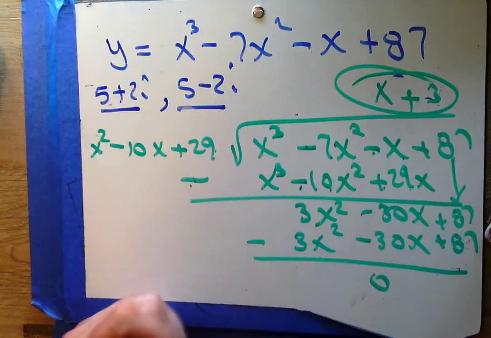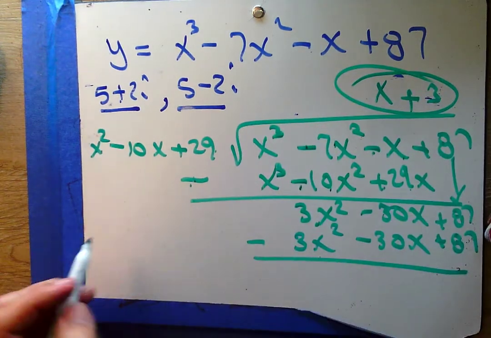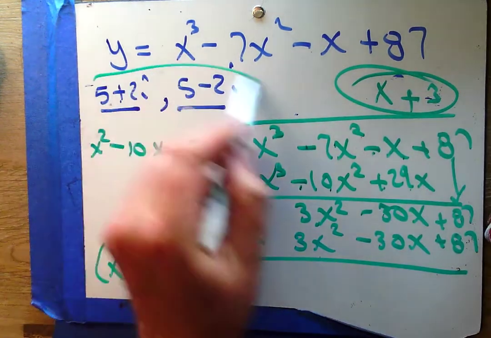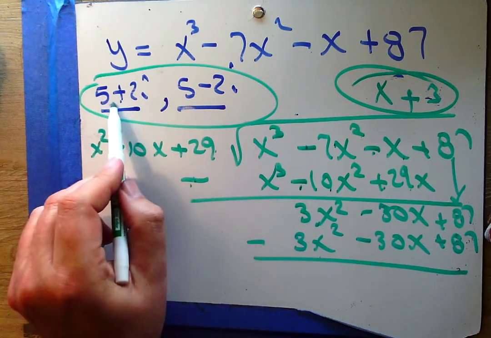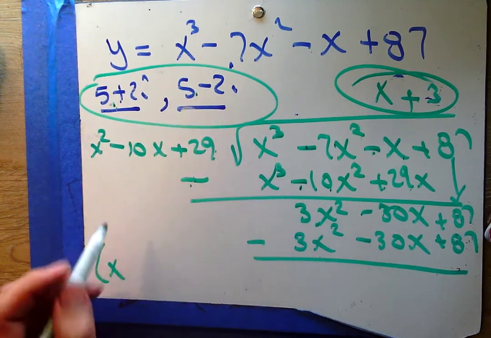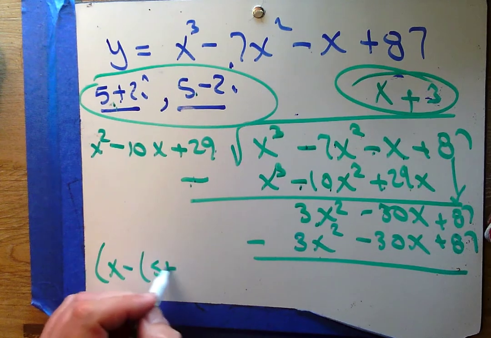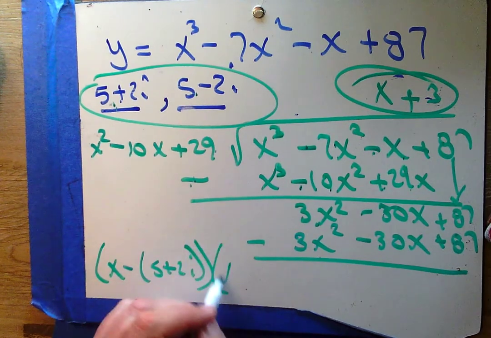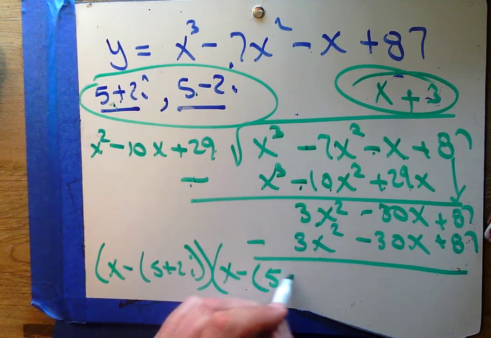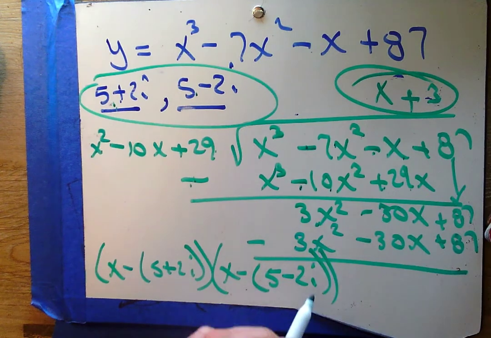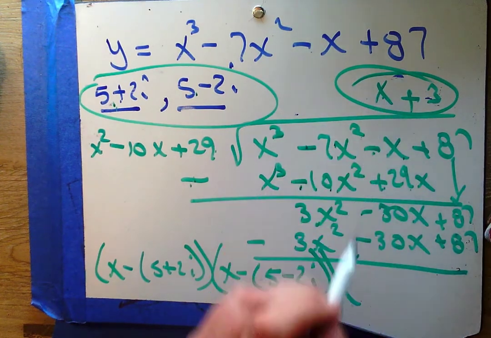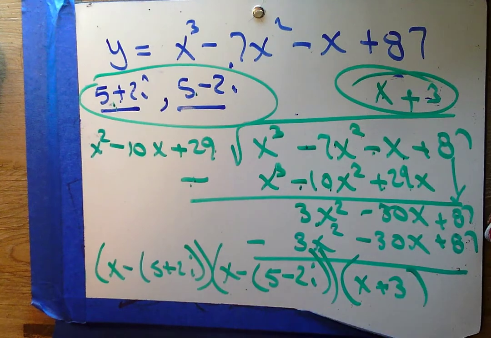Look, there it is. So we know then that the factored form, I was given this, I knew they traveled in conjugate pairs, is x minus 5 plus 2i, x minus 5 minus 2i, and then times x plus 3.